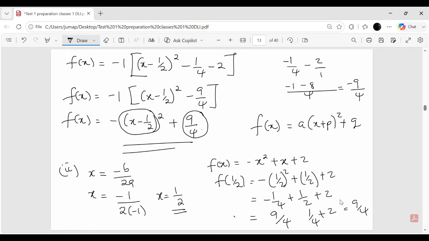So the maximum coordinates, if you want to write the coordinates, they are 1 over 2 comma 9 over 4. These are the coordinates. So you can see that this is a maximum point. It is a maximum point because of the value of a.